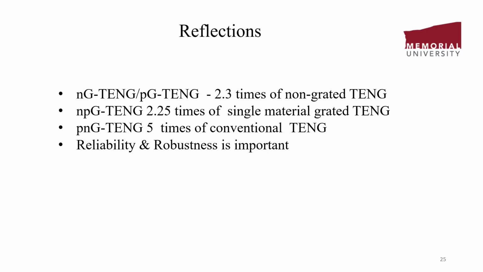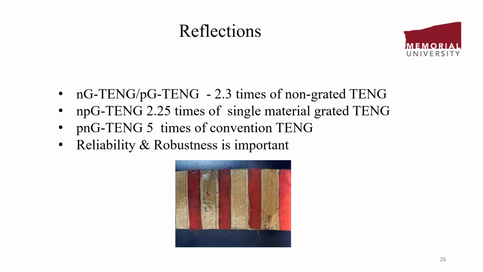Apart from that, there's the concern of reliability and robustness: after several repetitive experiments, the material tends to be removed from these areas, and foreign particles from the electrodes are deposited. So those have to be considered in future experiments. We need to make those layers abrasion resistant.